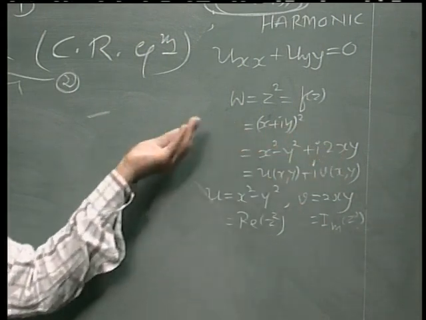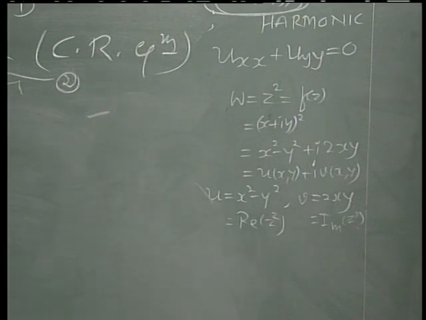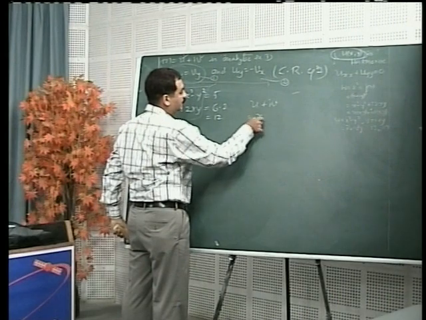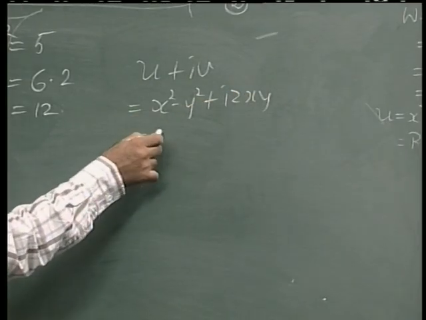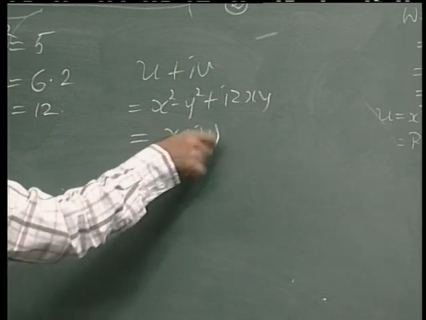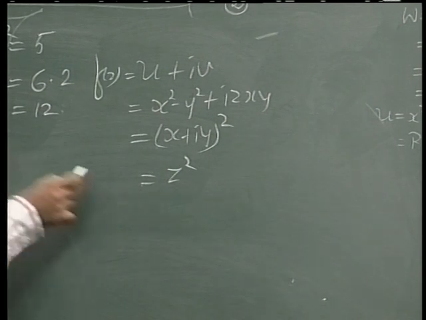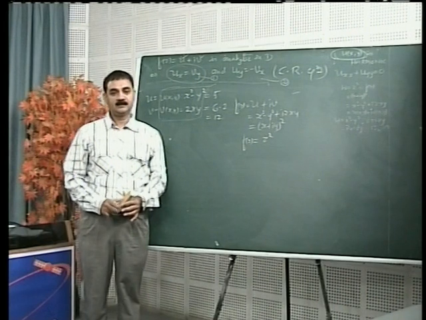So we get our mapping, our function w is z square, f(z) is z square. You may take u plus iv, which becomes x square minus y square plus i 2xy, and it is nothing but (x plus iy) square, so it is z square. So f(z) is z square, and z square is an analytic function.